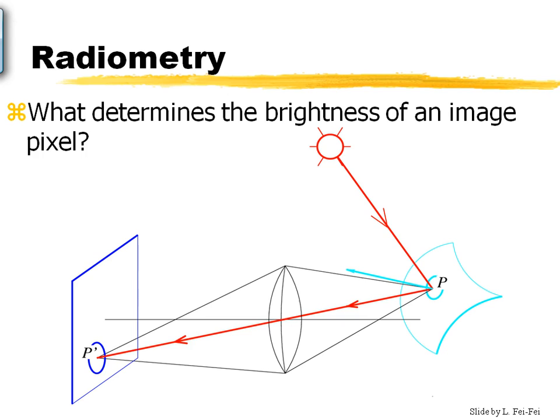Now, of course, if we want to understand that, we have to understand a little bit about the illumination as well as the radiometric transformation process. So now, let's say that we have some point on a particular object in 3D space. That point is going to get illuminated by some light source.